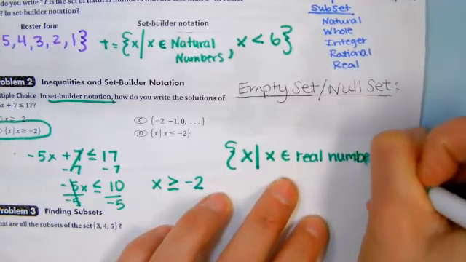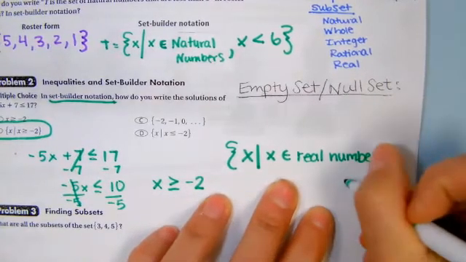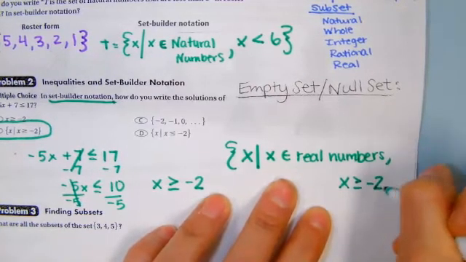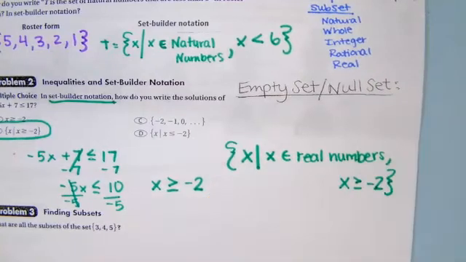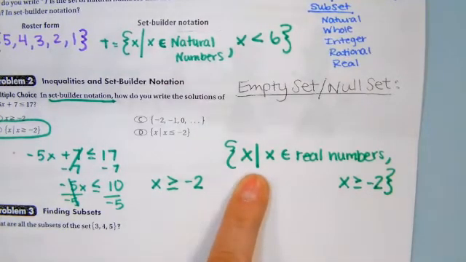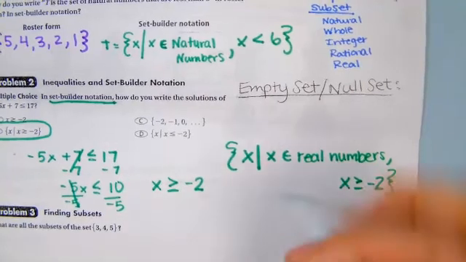And then you would do a comma, and sorry, I ran out of space, but you would then list the inequality, x is greater than or equal to negative 2, and end the bracket. This is just separating. It's saying my variable is x, and it's separating it from what type of number we're talking about.